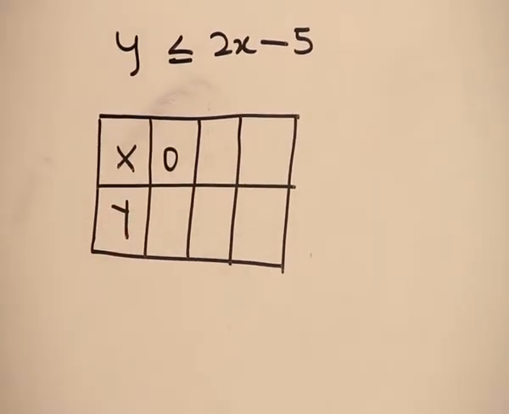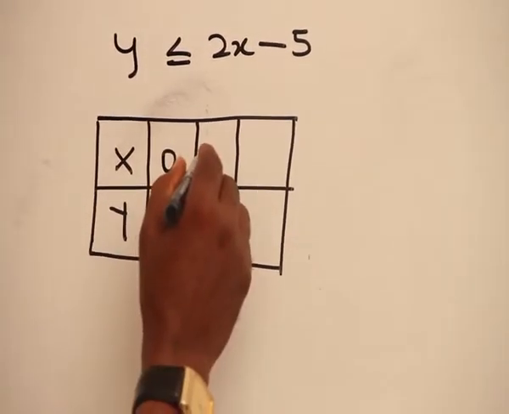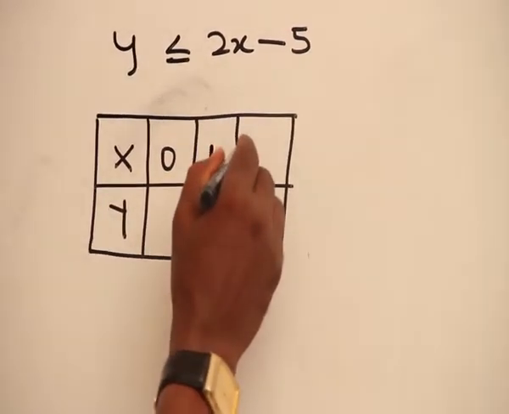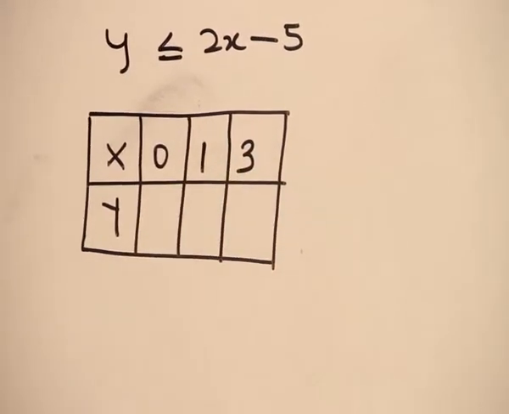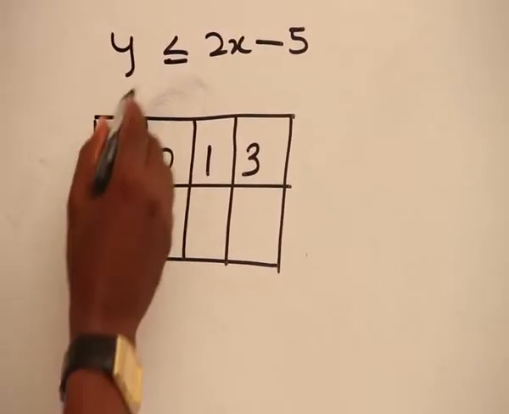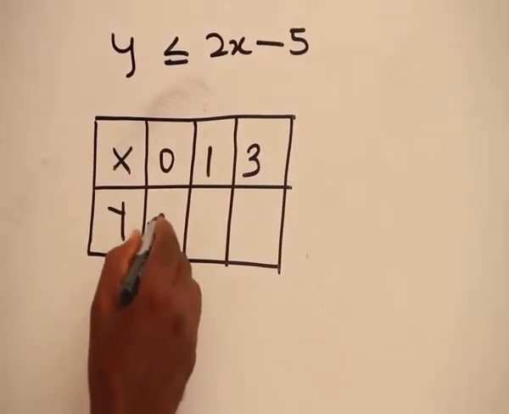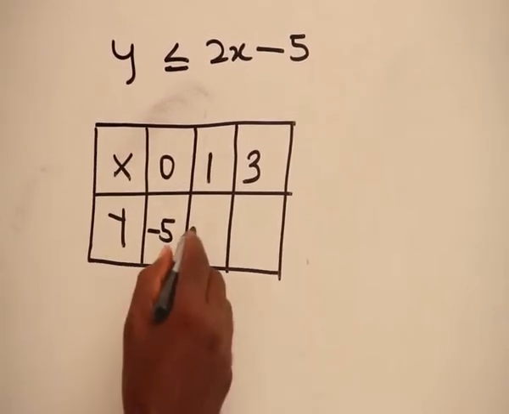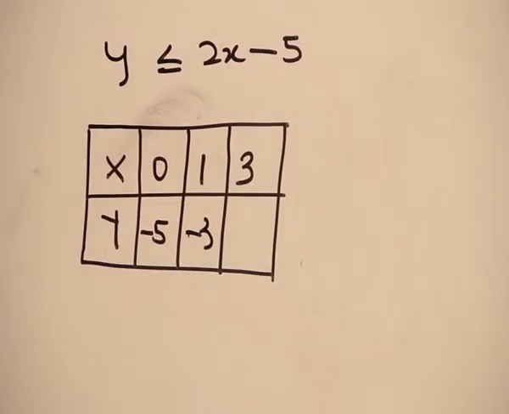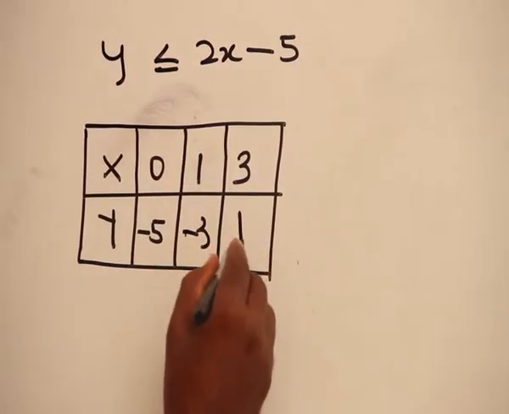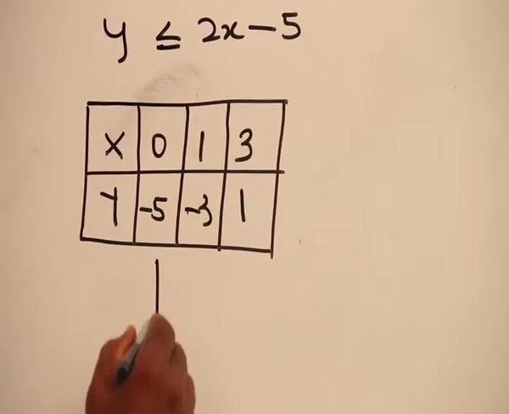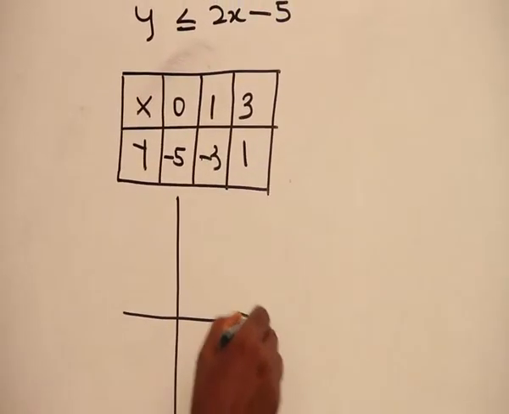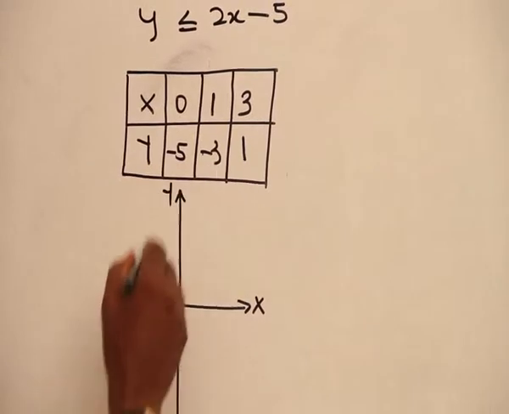When x is 0, when x is 1, when x is 3: when x is 0, y is minus 5, when x is 1, y is minus 3, when x is 3, y is 1. Then we're going to draw the graph representing this information. This is the origin.